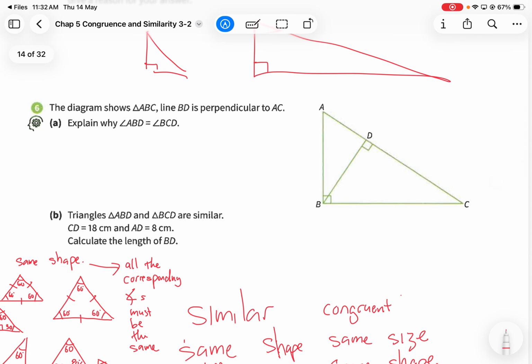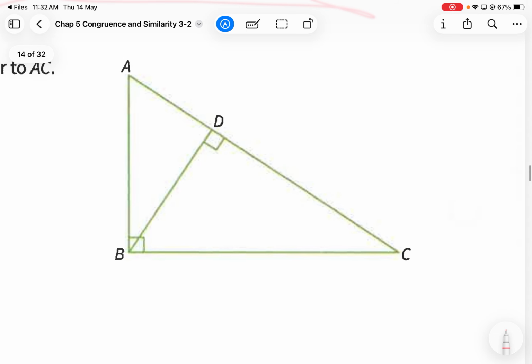Okay. So this one extra one, we have a 90 degrees here, and a 90 degrees here. Now I have this common angle C, inside the right angle triangle BCD.